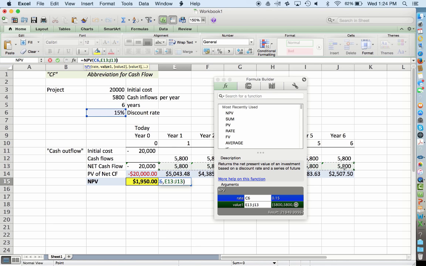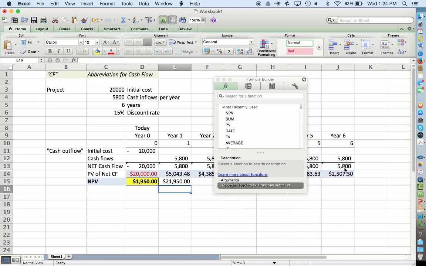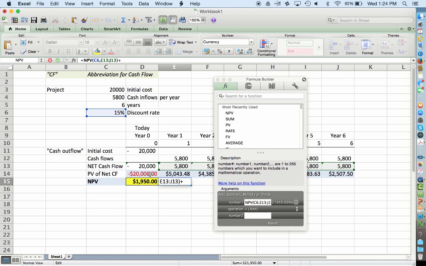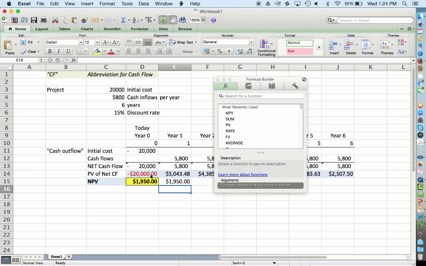And then what you have to do is outside of that function add the present value of the net cash flow from year 0. What the NPV formula does is it assumes that all cash flows happen in year 1.